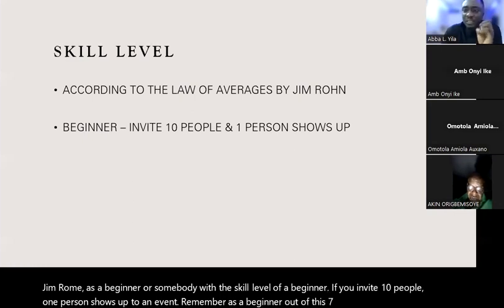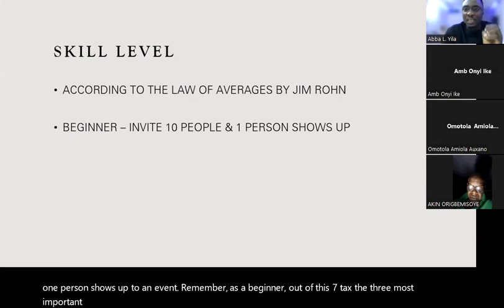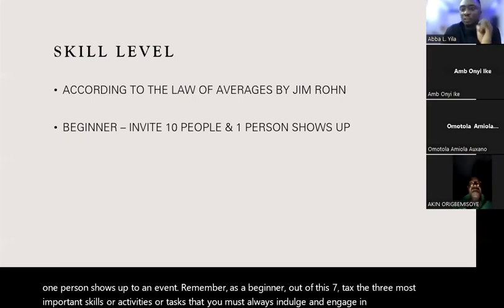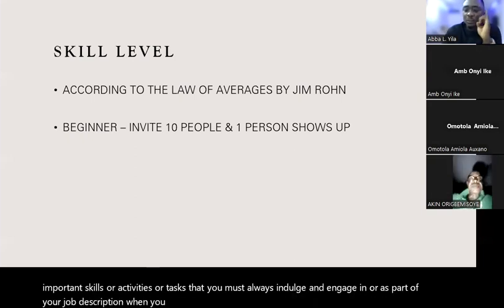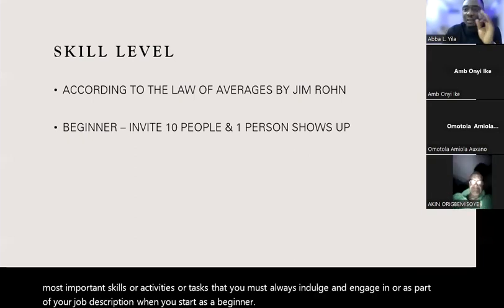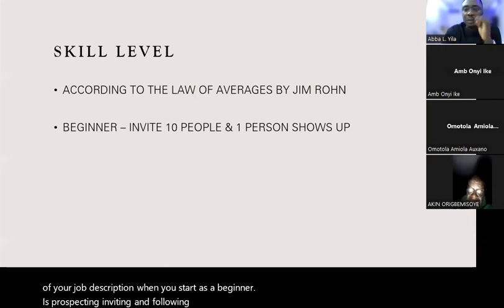the three most important skills or activities or tasks that you must always engage in, as part of your job description when you start as a beginner, are prospecting, inviting, and following up. Prospecting, inviting, and following up. I want you to take note of that.